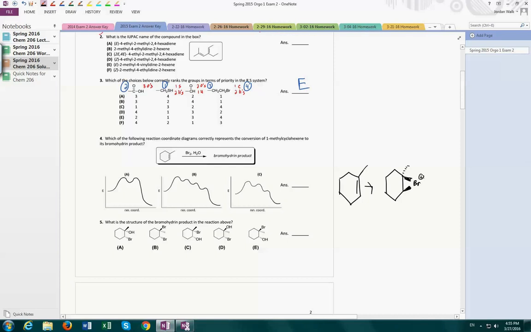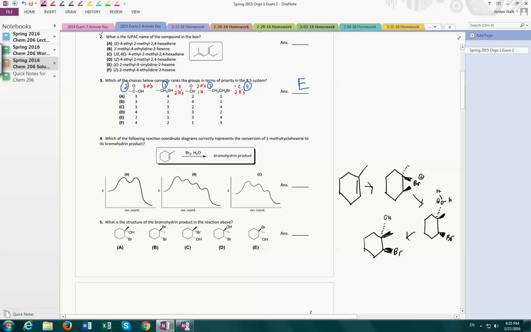Then we're going to go through this intermediate before finally arriving at our product that will be stable and neutral. And that looks like that.